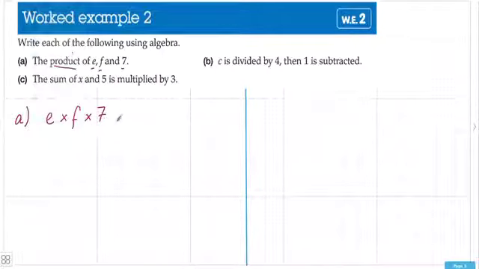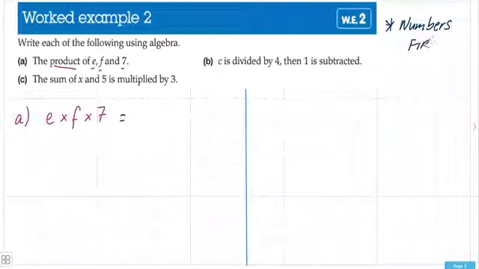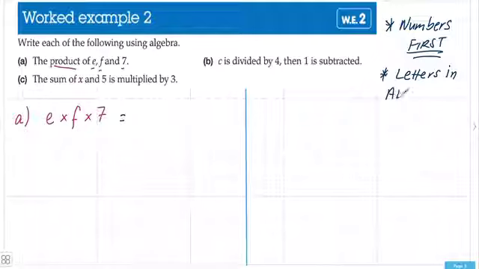Now in algebra, what we do when we have letters and numbers is 2 things. We always put the numbers first, and if we have more than one letter, we put our letters in alphabetical order.